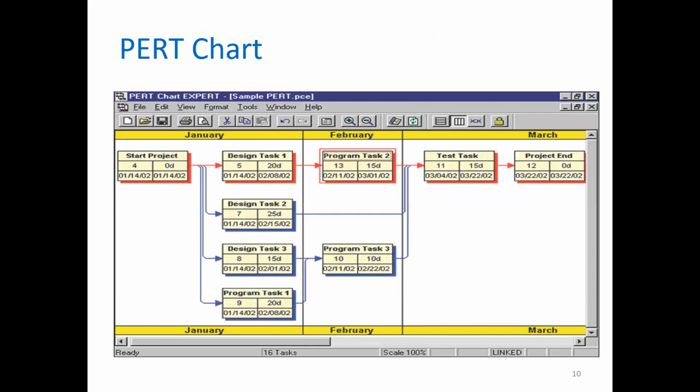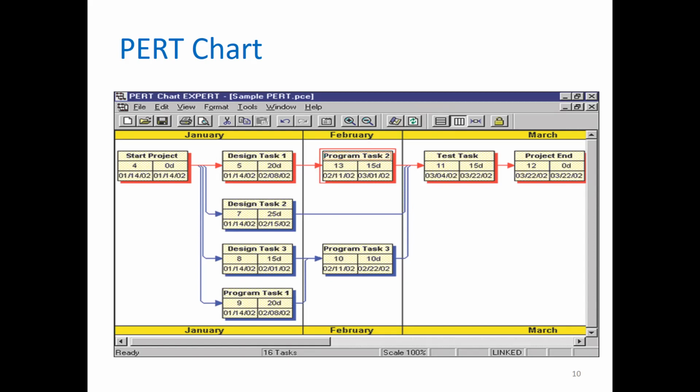An example of a PERT chart is given in the slide. We will be manually drawing PERT charts later in our face-to-face classes, and it will look something similar to what you're seeing in the lecture slide.